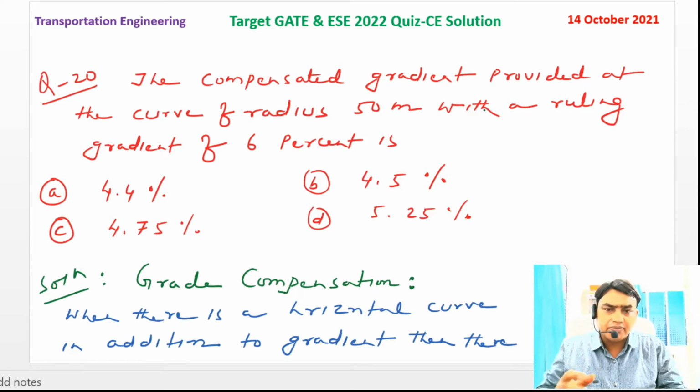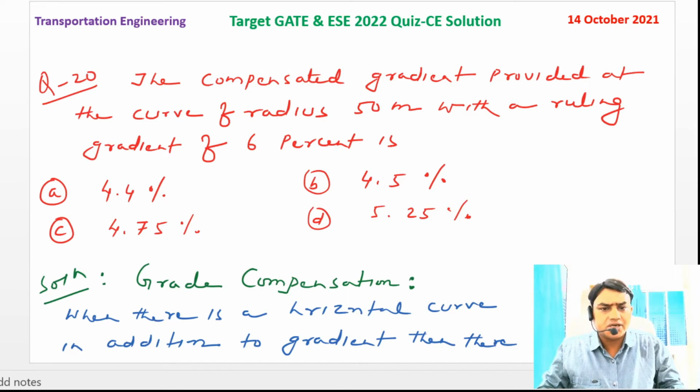Why is there a requirement of grade compensation, and what is the gradient? Gradient is the rate of rise or fall along the length of the road. And why is grade compensation required?